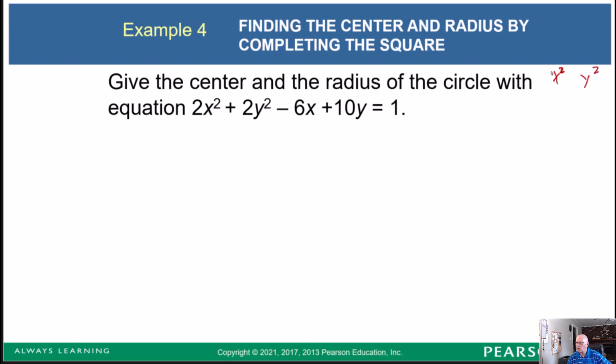Point is, it was 1x squared and 1y squared, which made the factoring much easier. We have 2x squared and 2y squared. So to make it easier to work with, we're going to divide everything by 2.